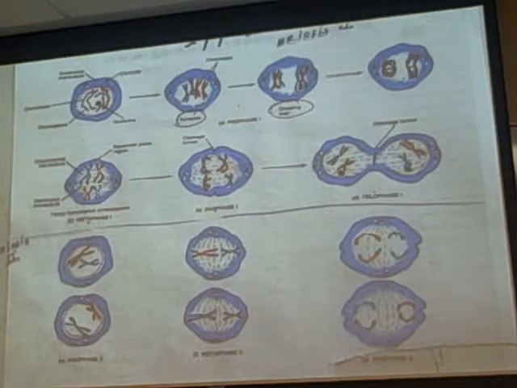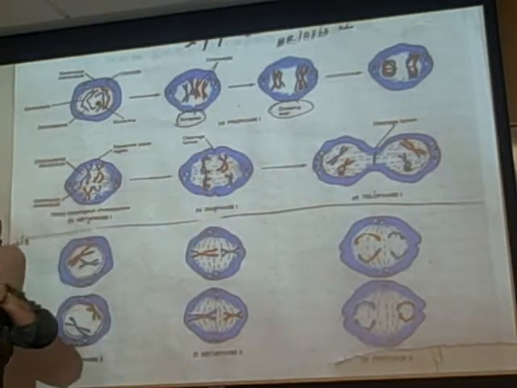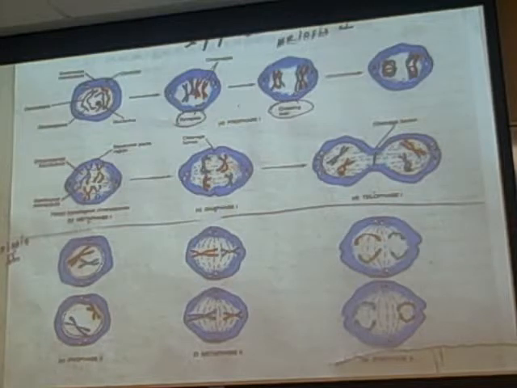And tetrads mean there's 4 sisters in this deal. So, when they cross over, we see part of the blue one exchanging genetic material with part of the red one, and vice versa. And only in meiosis and sexual reproduction does this occur. Its advantage is added diversity to the offspring.